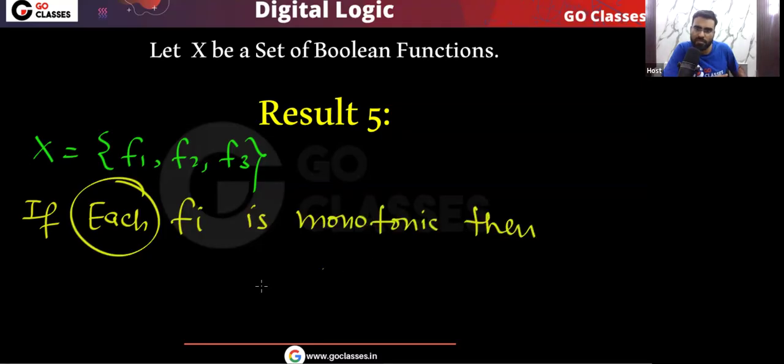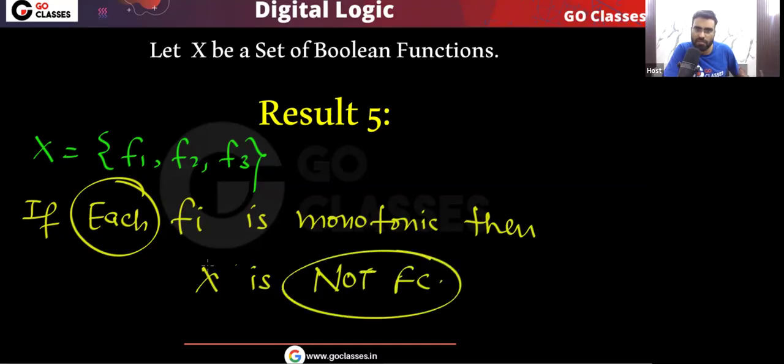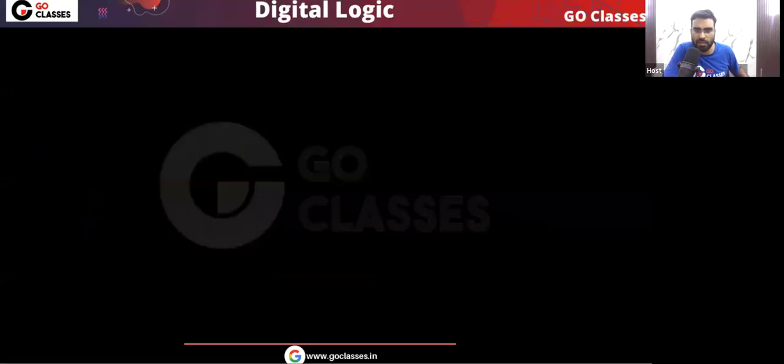Then X is not functionally complete. Understood? So this is the result. If every fi is monotonic, then X is not functionally complete. That's it. So these are the 5 properties.